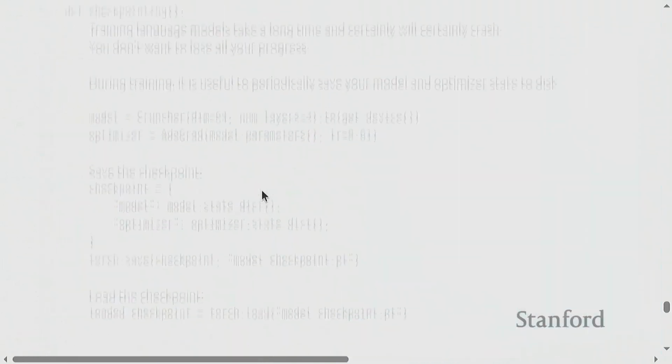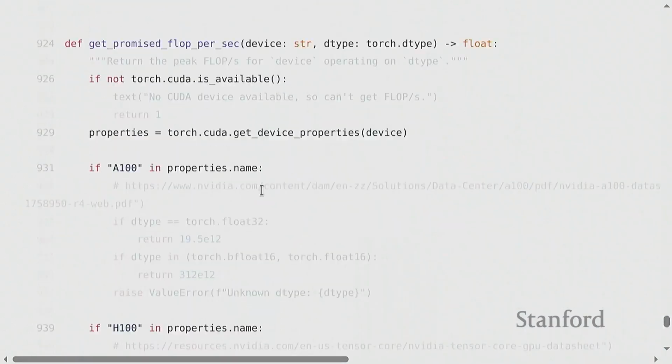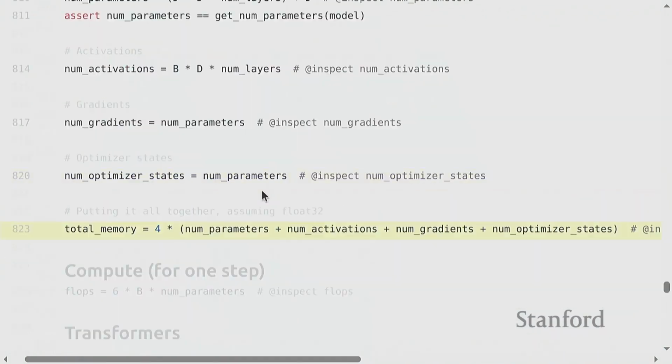So this is a fairly simple calculation. In assignment 1, you're going to do this for the transformer, which is a little bit more involved because there's not just matrix multiplications, but many matrices, attention, and all these other things. But the general form of the calculation is the same: you have parameters, activations, gradients, and optimizer states.